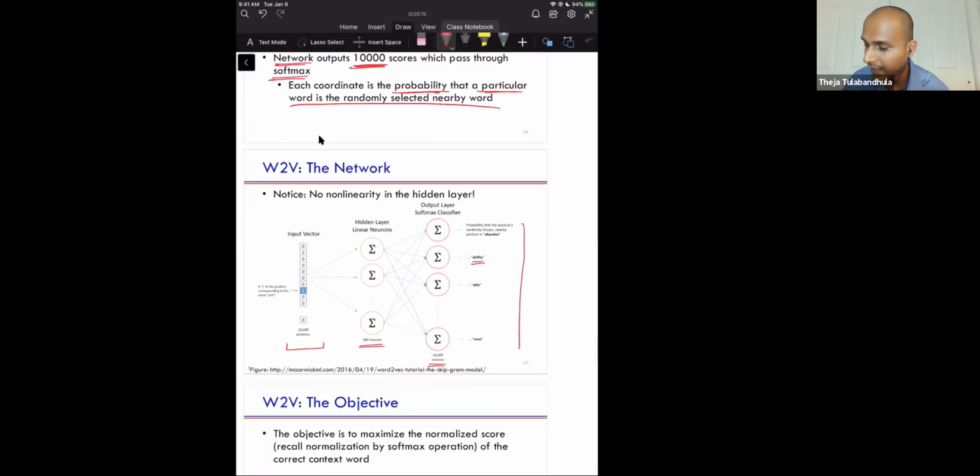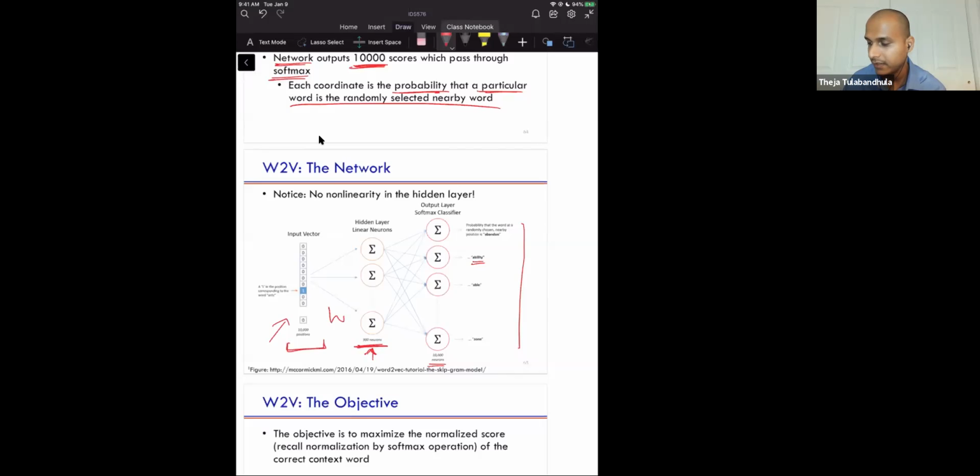We'll have a transformation from this 10,000 dimensional vector to a 300 dimensional hidden layer output. 300 is a specific choice made in this particular implementation, word-to-vec, but you can go with any number. So the hidden layer output is 300, and from 300 you go to 10,000. So that's the network: there's only one hidden layer, and its size is 300 hidden units. There is some transformation, and there's an input vector here.